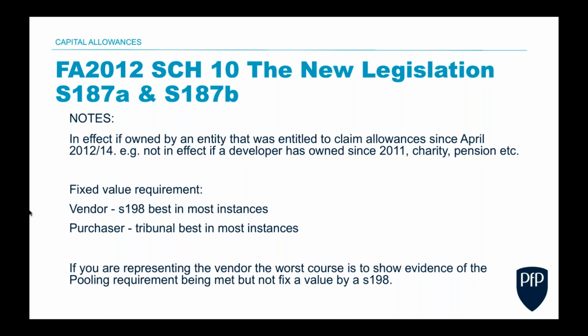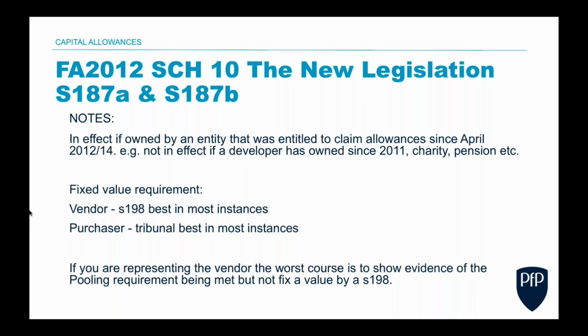The reason why this is bad news for you as the vendor is that either party, so the purchaser in this instance, can make a representation to the tribunal to fix a determination, i.e. the value that goes on the election, in lieu of the election being agreed.